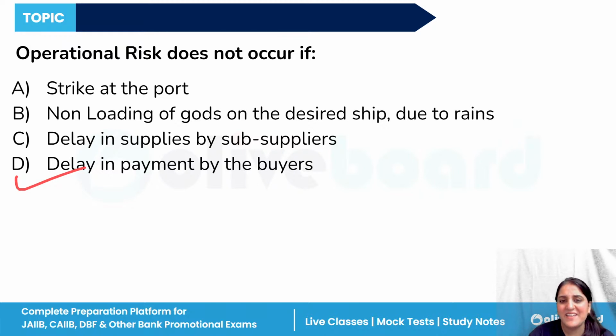Strike at the port, non-loading of goods due to the rains, and delay in supplies by the sub-suppliers all pertain to operational aspects because they can impact the supply chain or delivery process, making them relevant to operational risk. But delay in payment from the buyer is not a case of operational risk.